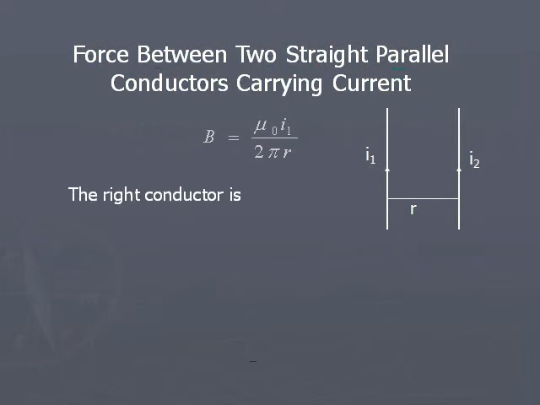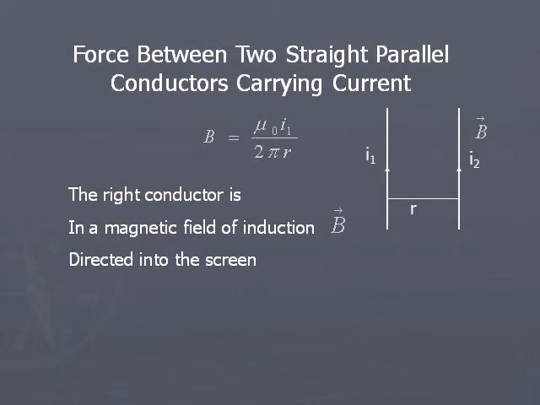That means we can conclude that the conductor carrying current I2 is placed in a magnetic field of induction B given by mu naught I1 by 2 pi r.